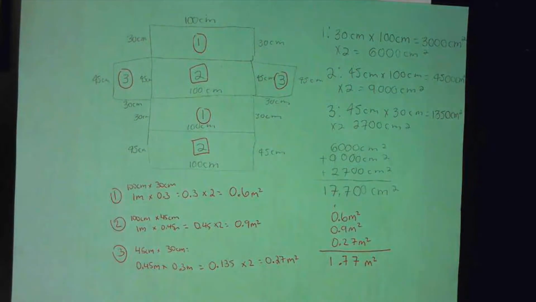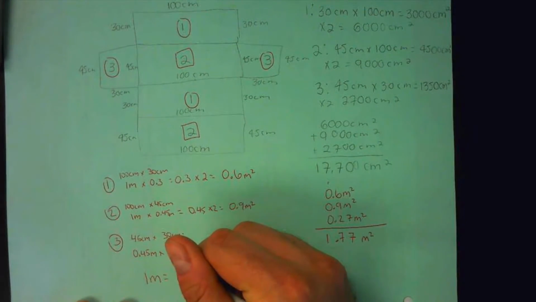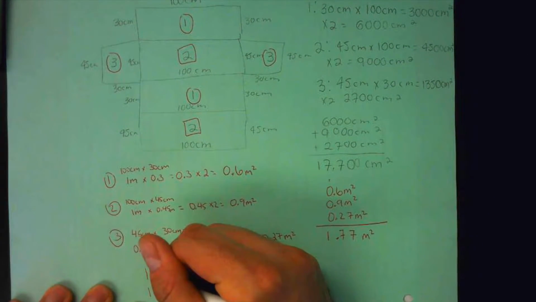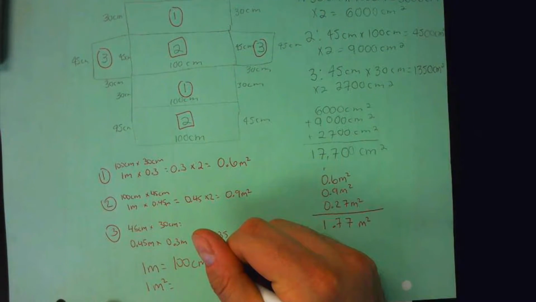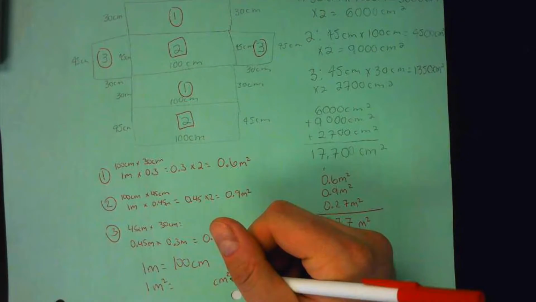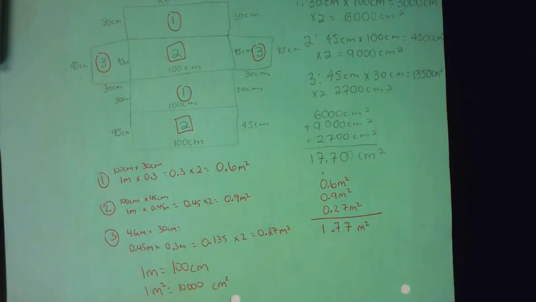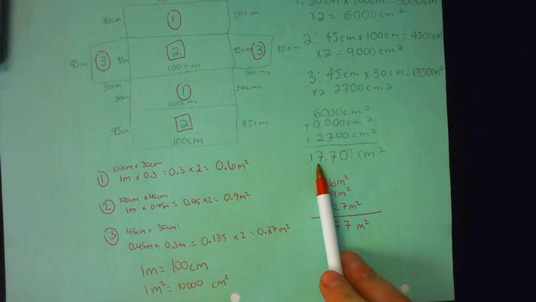So now you should make a little connection here. Because we know that 1 meter equals 100 centimeters. But now we're working with squared. My question to you is, 1 meter squared equals what? 10,000. It's 10,000. Because if you have 1 meter squared here, there's 10,000 here.